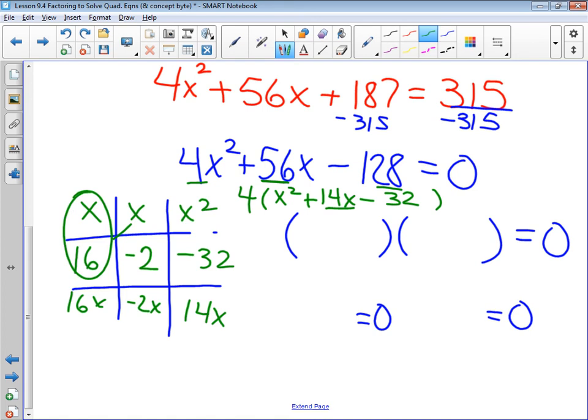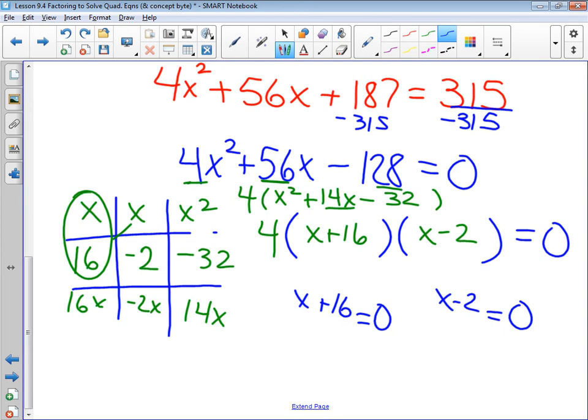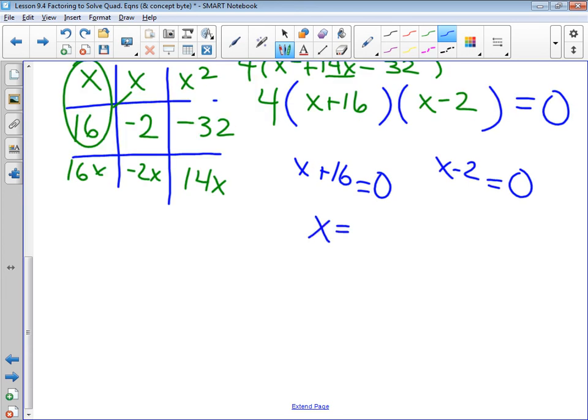That means my factors are x plus 16 and x minus 2. I can put the 4 out here. That would be correct, but it doesn't change my final answer. If I set x plus 16 equal to 0 and x minus 2 equal to 0, I'm going to get an answer of negative 16 and positive 2.